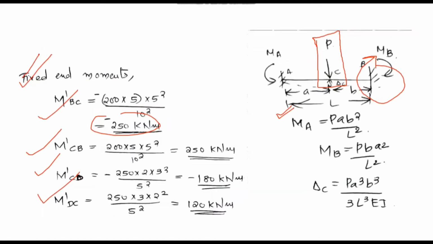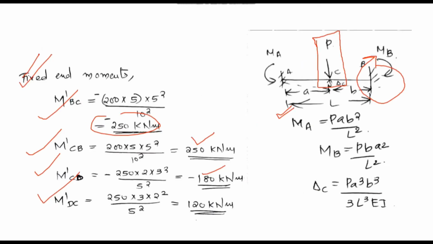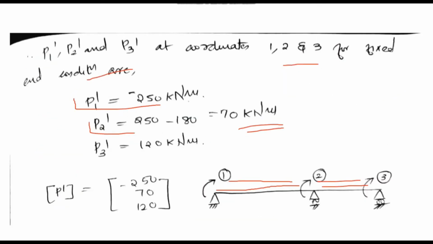CB will be 250, CD will be minus 180, that is 250 minus 180 will give a value of 70 kilonewton meter. For P3 dash it has the effect of only DC. The value of DC is 120 kilonewton meter. Thus form the matrix.